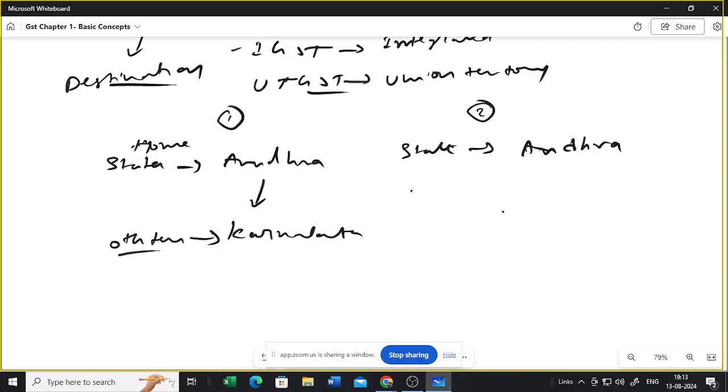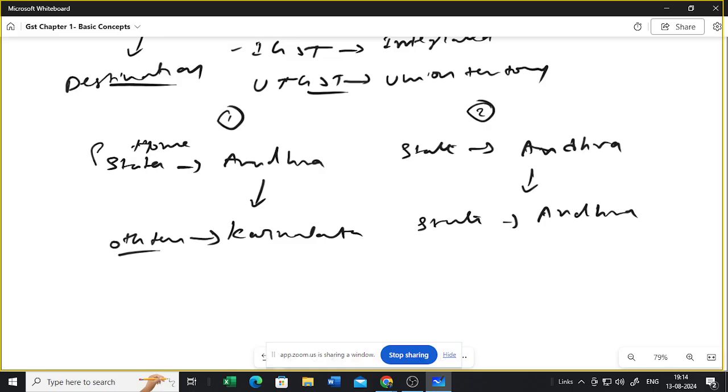My state is Andhra, and I am selling the goods within the state. Here what happens now? When I am selling the goods to the other state, my tax will be different. When I am selling the goods within the state, our tax will be different.